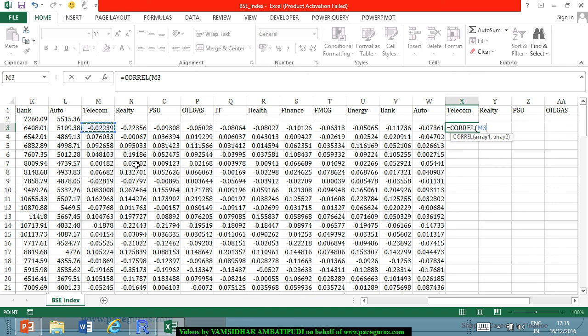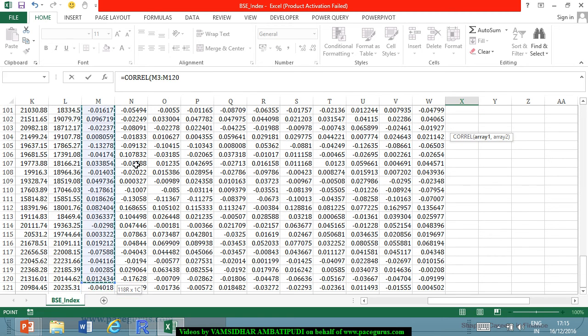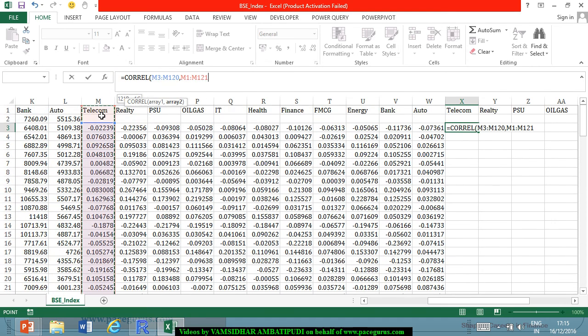I will take it till the last but one, and again the other set I'll take with a lag of 1. So I'll not take the first one, I'll take from the second to the last. So first to last but one versus second to last. That is the correlation with a lag of 1.